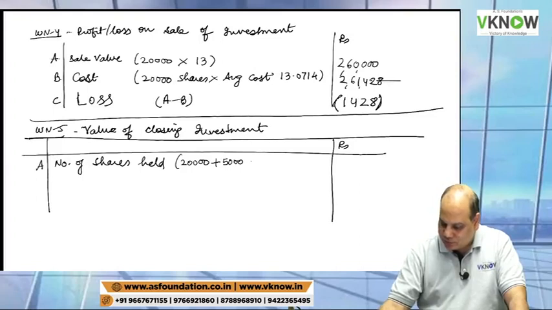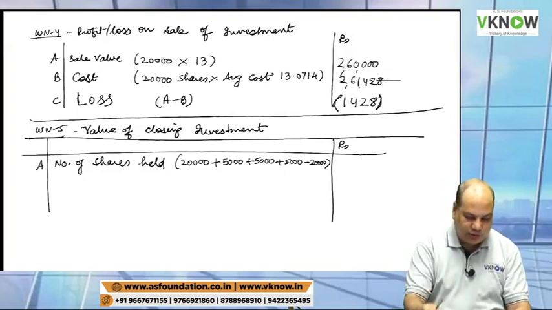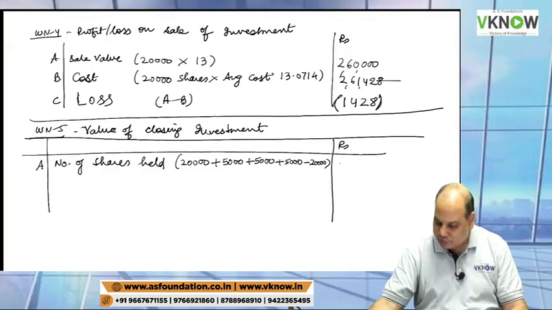Purchase 5,000. Plus bonus shares 5,000. Plus right shares 5,000. Minus sold 20,000. So the number of shares held will be 15,000 shares.